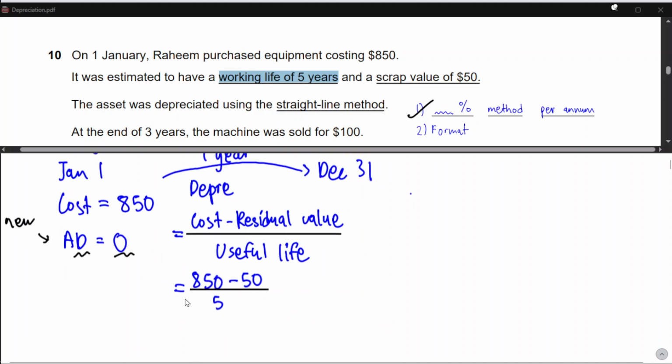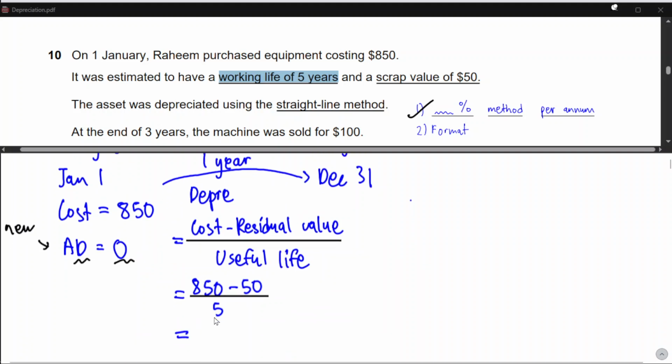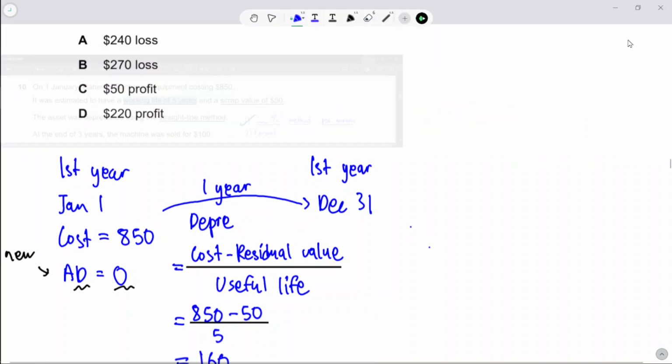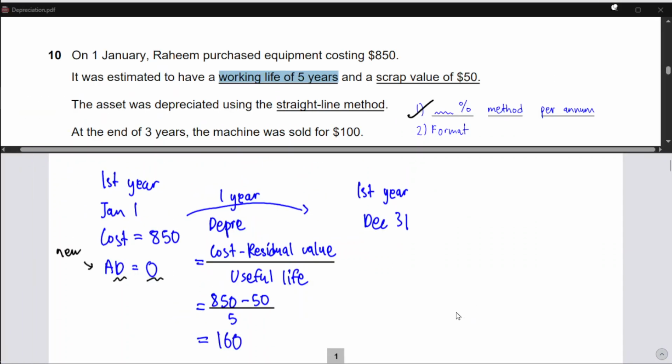The cost will still be the same, and the AD, you'll get 160.